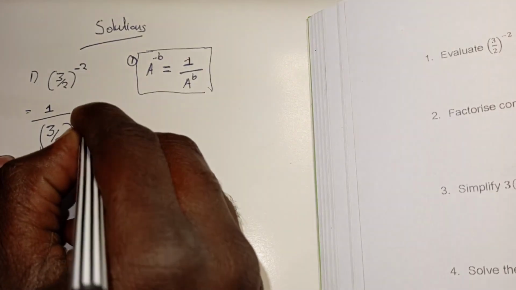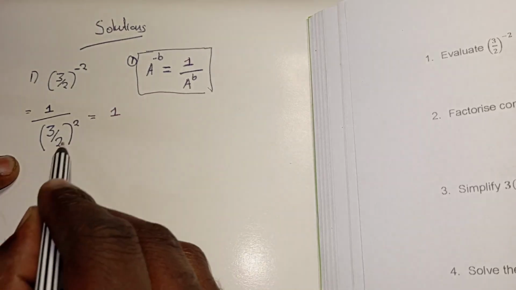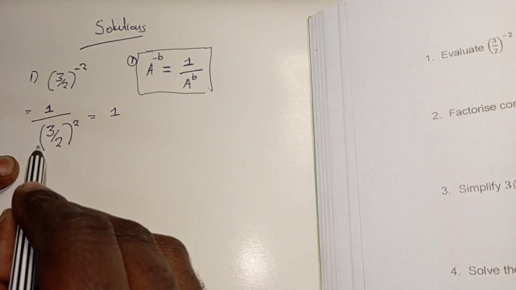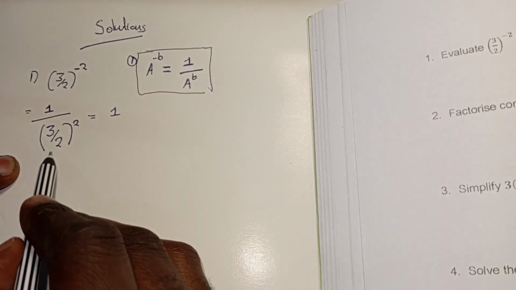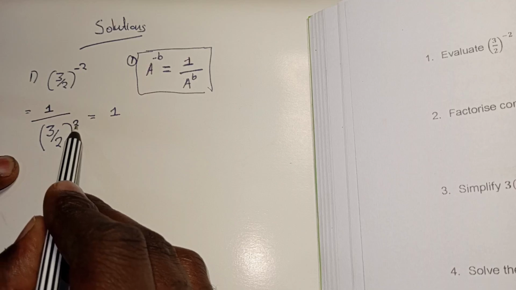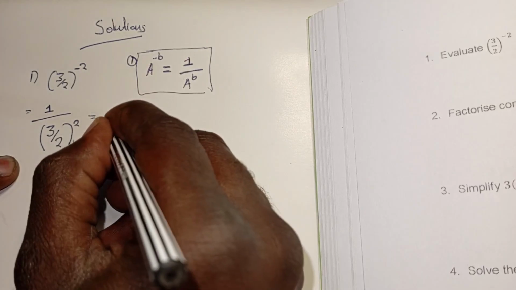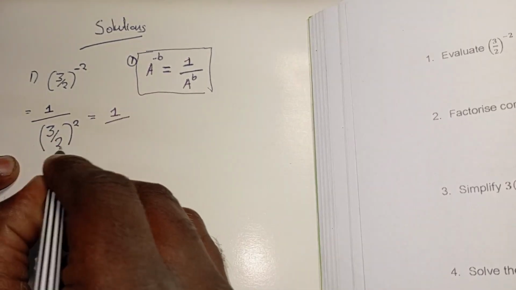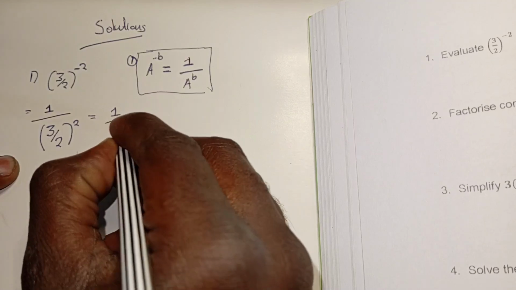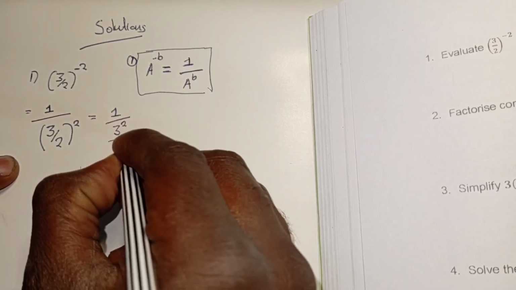Then it's going to be 1 over, and here, when something is raised to the power 2 and it's a fraction inside, you apply the power separately on both numbers. So this is the same as 3 squared over 2 squared.